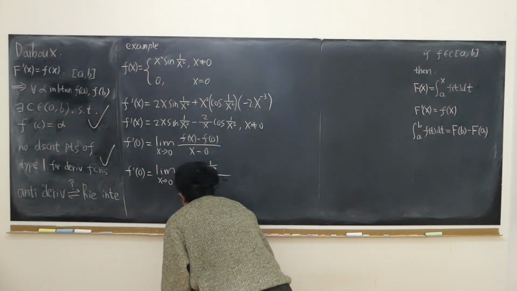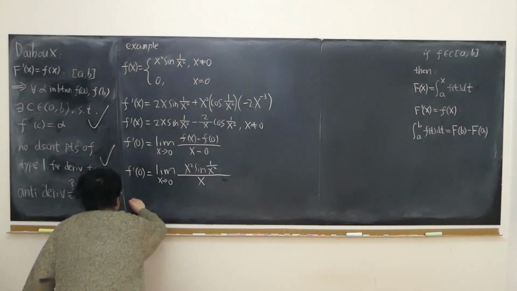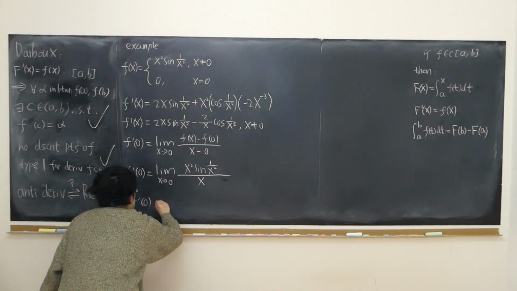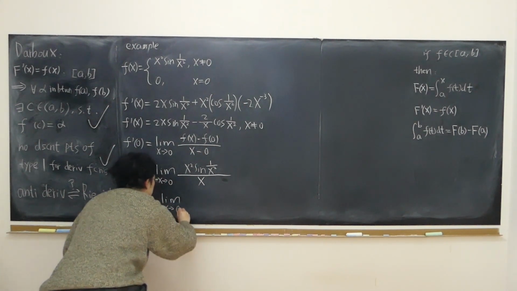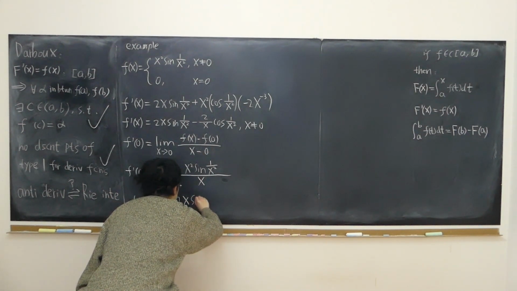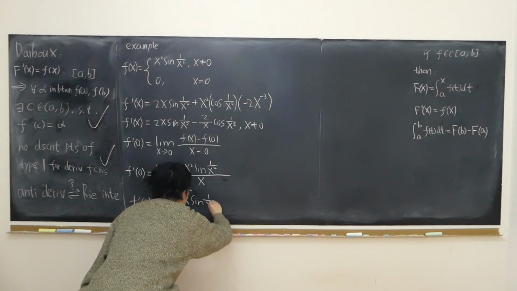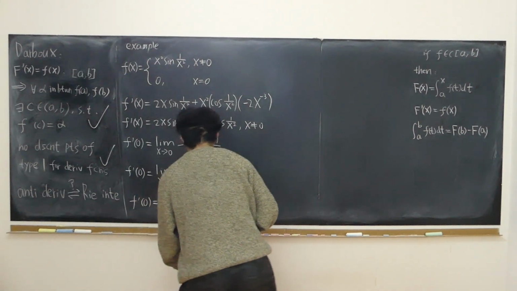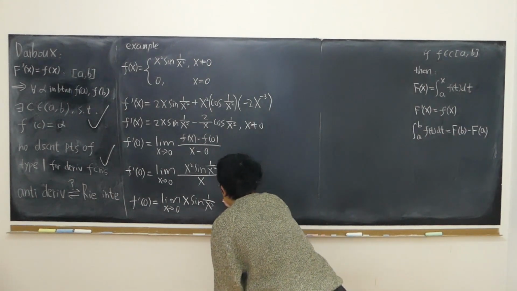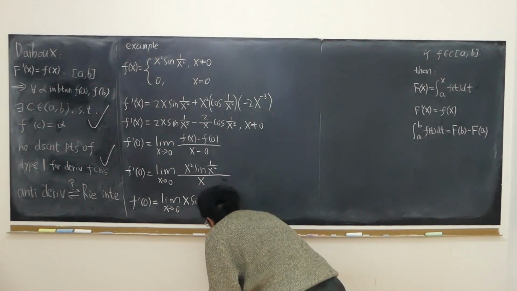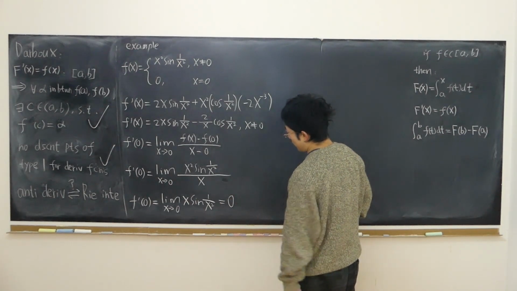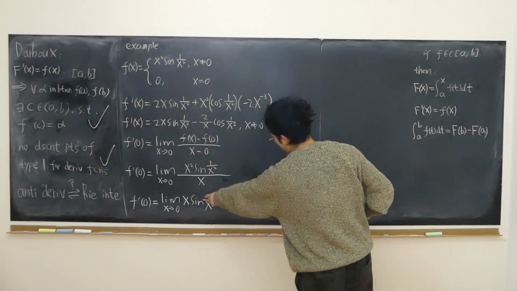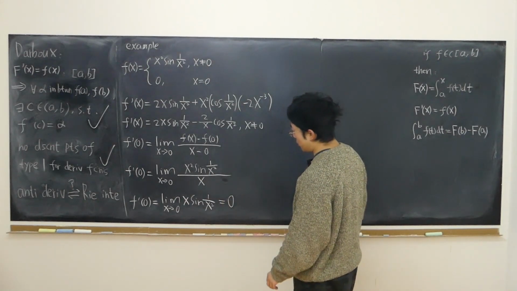Then we can simplify everything: f dash of 0 is equal to the limit as x approaches 0 of x times sine of 1 over x squared. That is easily 0, simply because sine of 1 over x squared is bounded, and as x approaches 0 the whole thing approaches 0.